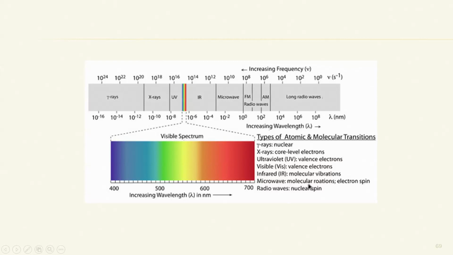Microwave also, that is the region where molecular rotations take place and electron spin changes. If you take electromagnetic radiation in microwave and impinge it on the metal elements, then what happens? The electrons will change their spin from positive half to negative half. So, as usual it is like that.